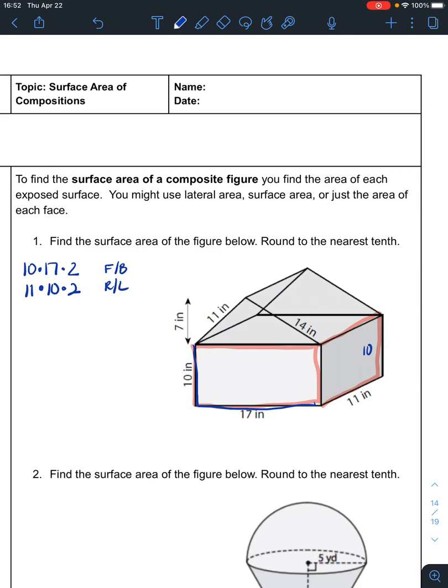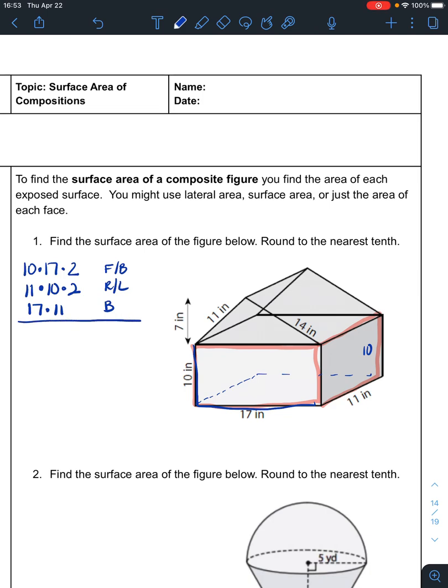That's our right and our left side. Now we need our bottom piece. We can't see it, but it's down there, and it's 17 by 11. That's our bottom. Now, we don't need the top because it is between the rectangular prism and the triangular prism.